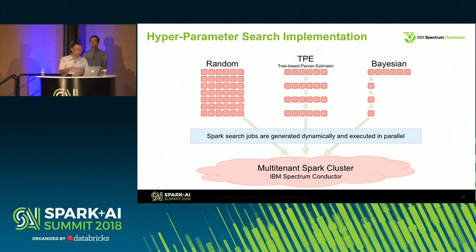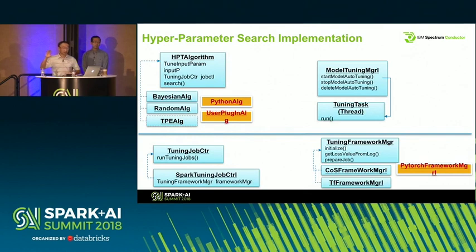As I said, we already implemented those three algorithms, and the other algorithms that Chao mentioned will be in the future roadmap. This is just a very quick overview of the backend design. What you can see here is that there are multiple algorithms already implemented, and of course this is pluggable.